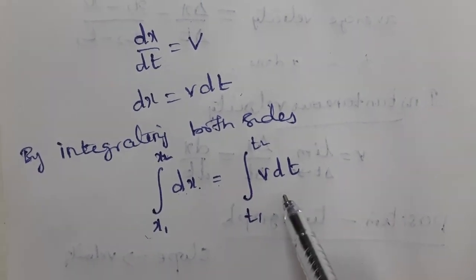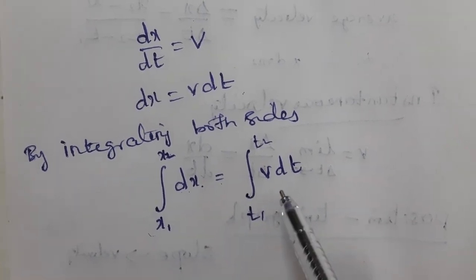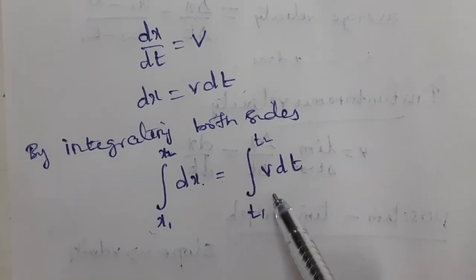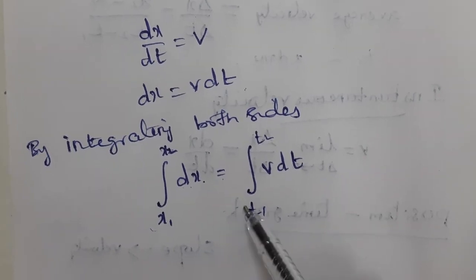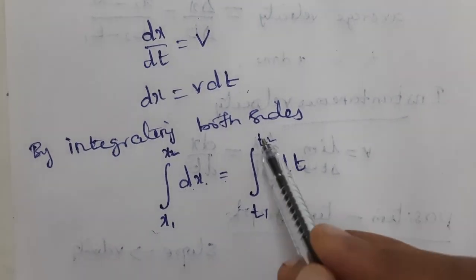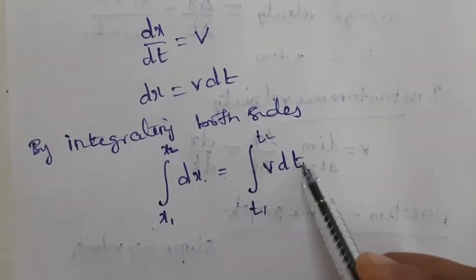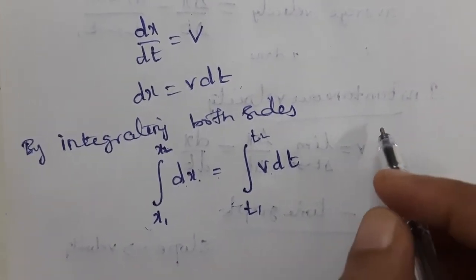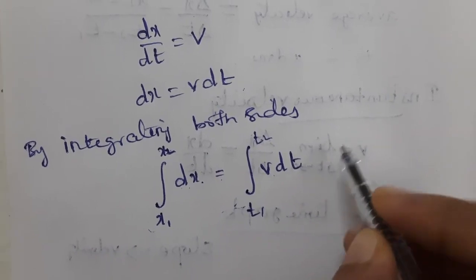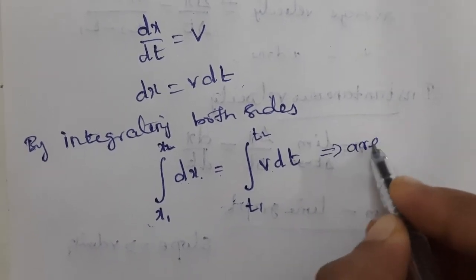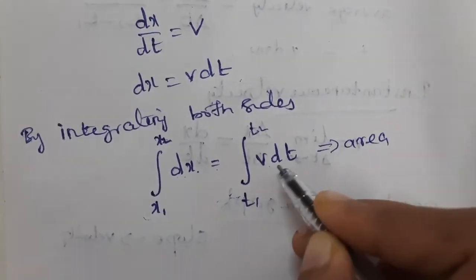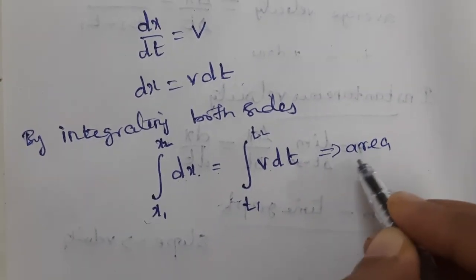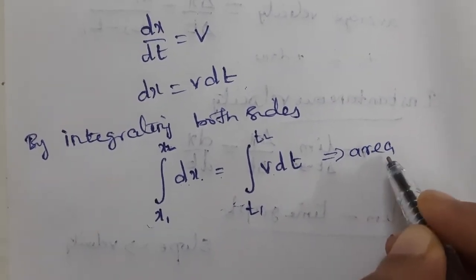Because we have seen integration is equal to the area under the curve. So integral v dt, velocity time graph, represents the area under the curve. This integration of velocity time represents the area under the curve as a function of time.